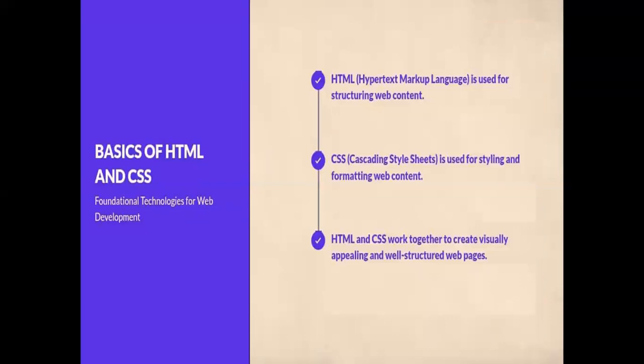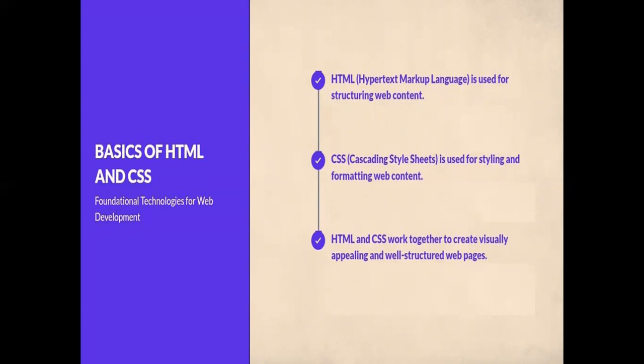Furthermore, there are some basic introductions to web development with Python, like basic web technologies, which are HTML and CSS, foundation technologies for web development. HTML is hypertext markup language. It is used for structuring web content. It defines the elements and layouts of a web page, such as headings, paragraphs, and images.